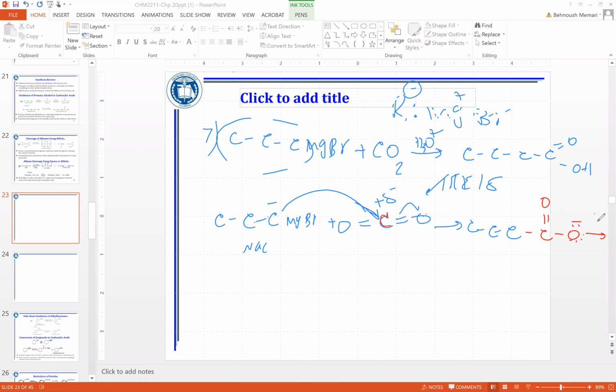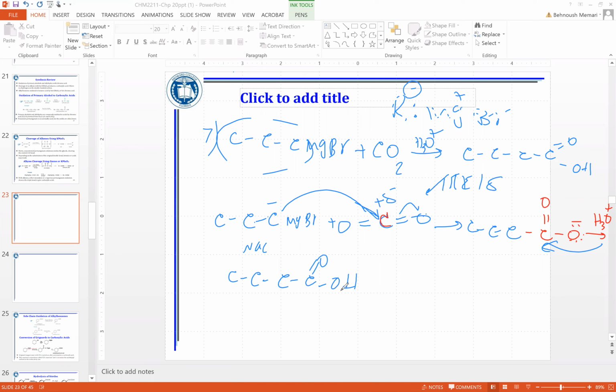And the next step, when you hydrolyze, because Grignard should be followed by hydrolysis, you are going to protonate that alkoxide that forms. And when you protonate, as a product you would get the carboxylic acid with 4 carbons.